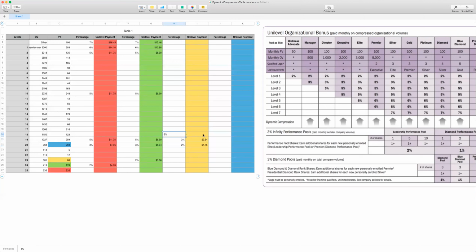So they're going to get 5% of this one. Okay, and then we're looking for the next executive. So again, we're going to jump up to this executive here, and they're going to get 5%. And then again, our elite and premier and silver.